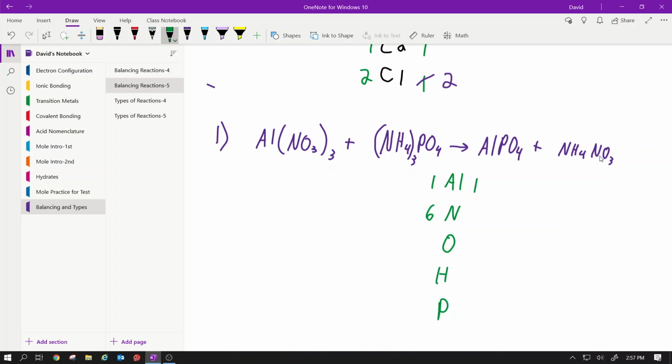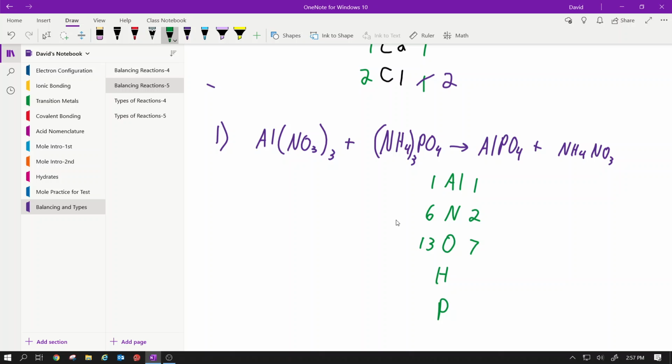So 1 nitrogen and 1 nitrogen, I've got 2. Now to oxygen. 3 times 3 is 9, plus 4 is 13. I sacrificed my math for nomenclature. Oxygen here, 4 and 3 is 7.